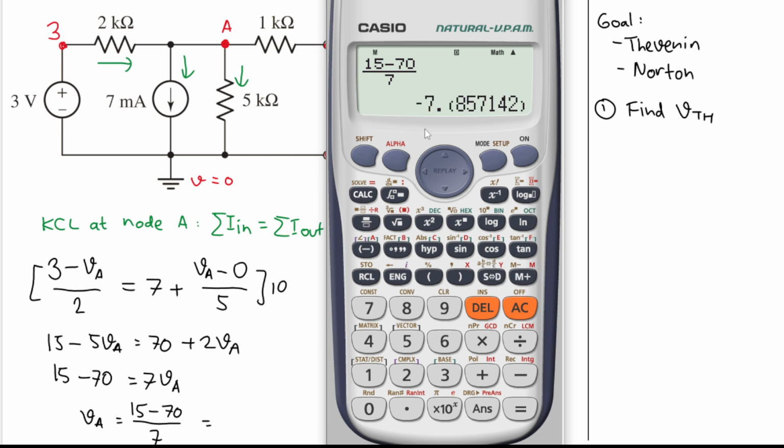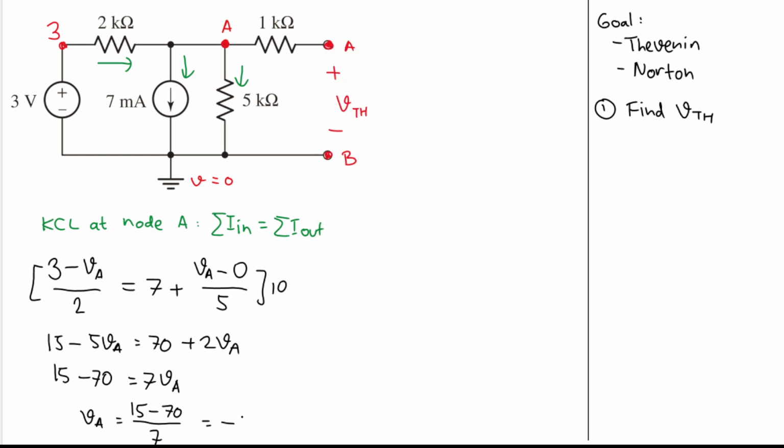So I'll have minus 7.857. And the unit here will be volts. But then what is VTH? VTH here is the difference between this node and this node, right? So that will be VA minus VB. However, VB is the reference node or the ground, so this will equal 0.